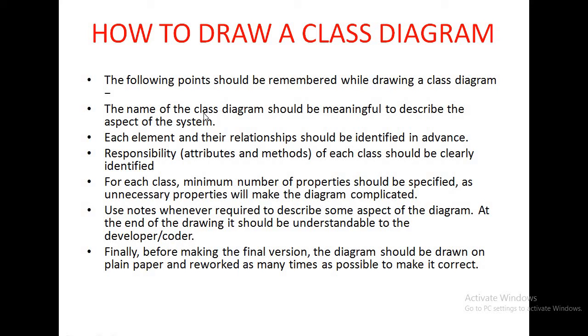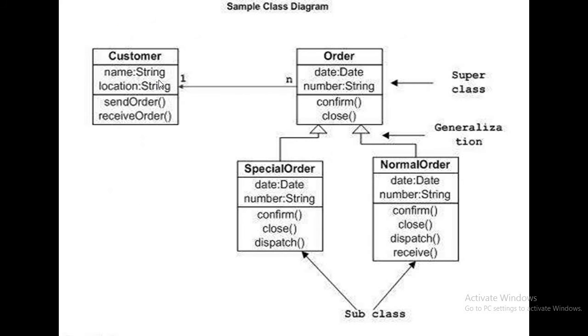Each element and their relationship should be identified in advance. Different types of properties and different types of methods should be identified. Attributes and methods of each class should be clearly identified. These are the attributes, these are the methods.